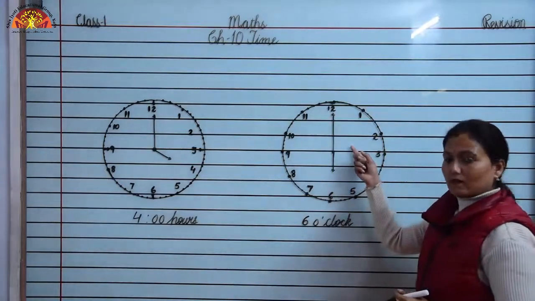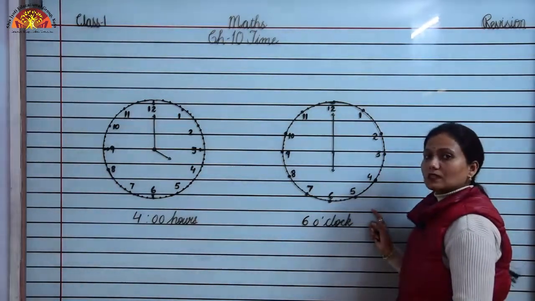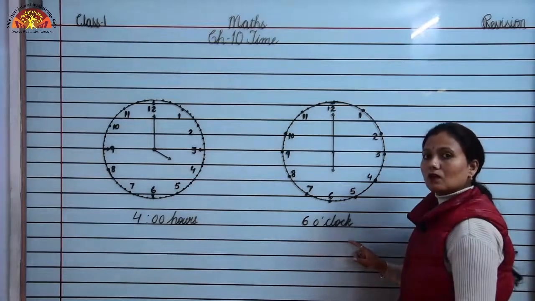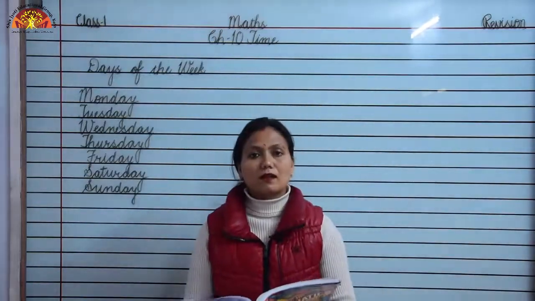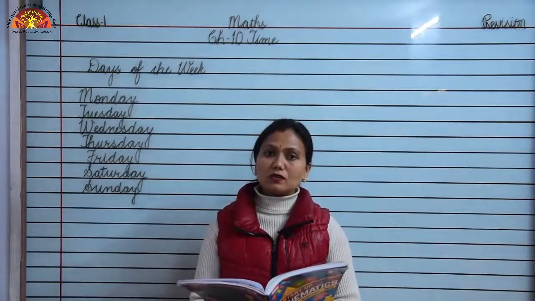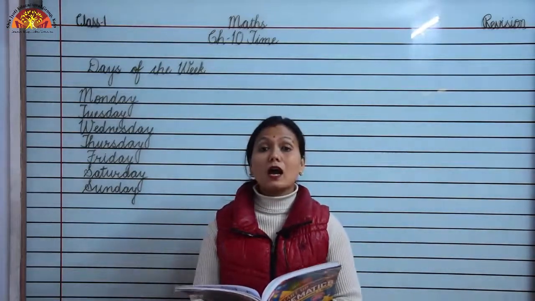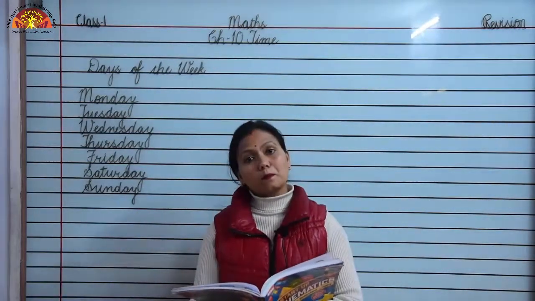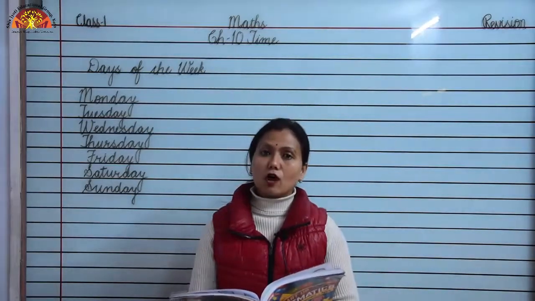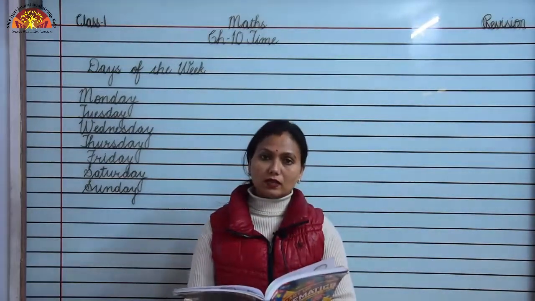At 12. So this shows time is 6 o'clock. I hope you all have understood how to watch time on a clock, how to draw hour hand and minute hand. Now we will see days of the week.